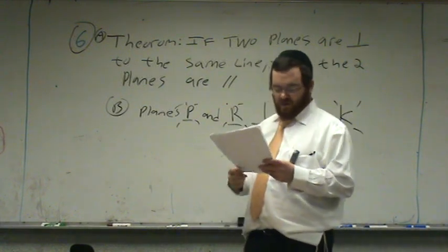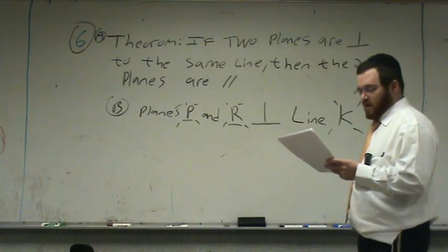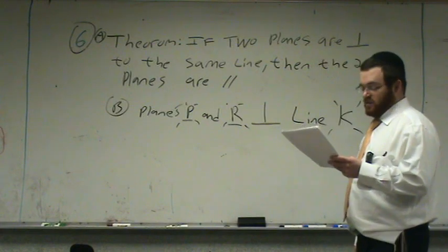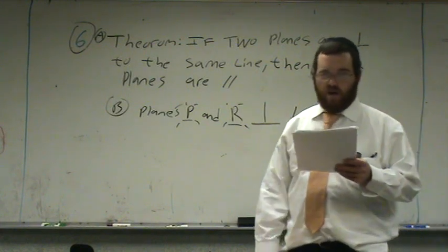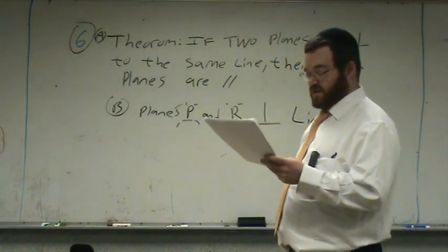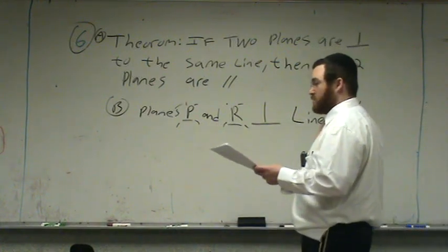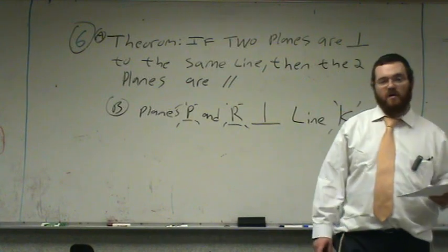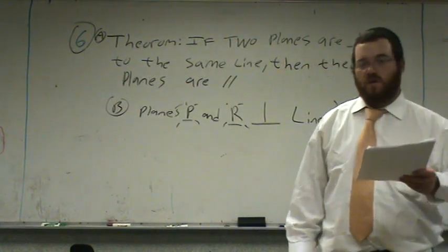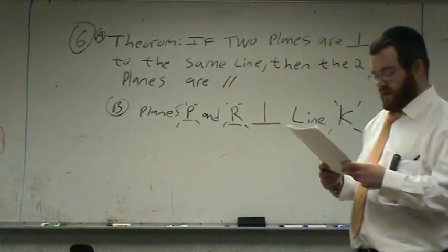So that's answer 2. Planes P and R are parallel. Let's try out the other answers. Answer 1, planes P and R are skew lines? No, skew lines are not parallel, but they still don't meet. So that's not the answer.